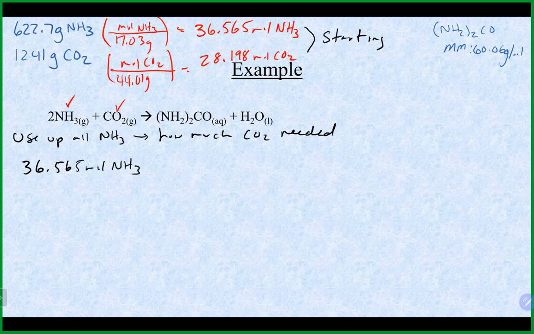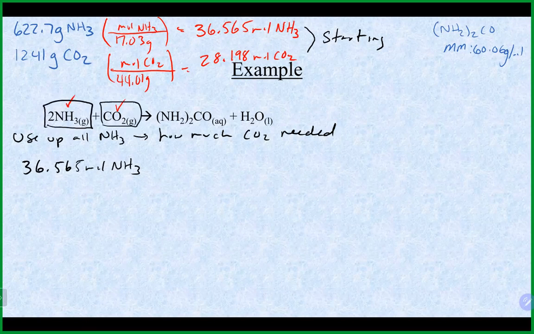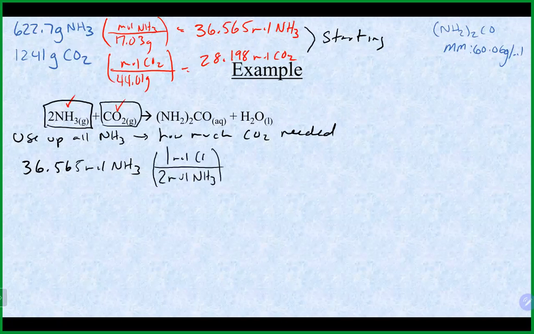Based on the equation, it is a 2-to-1 relationship between those two. Remember, the mole-to-mole relationship is just the coefficient from the equation. So that is where we get that relationship from. We want to get rid of the NH3, so we're going to put 2 moles of NH3 from the equation on the bottom, 1 mole of CO2 from the equation up on top. That's going to give us 36.565 divided by 2.